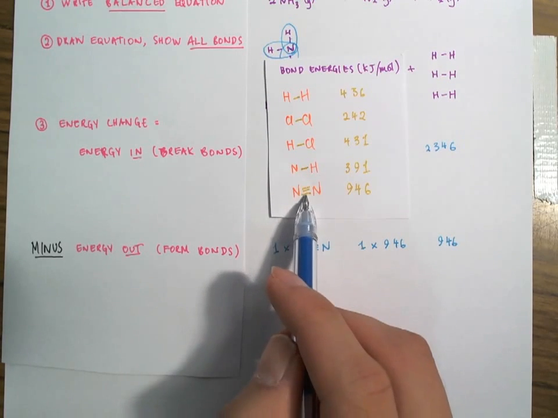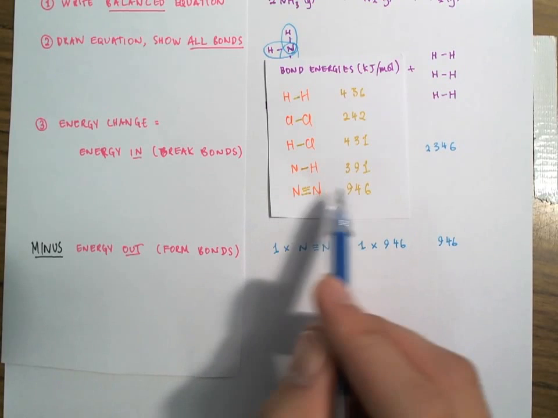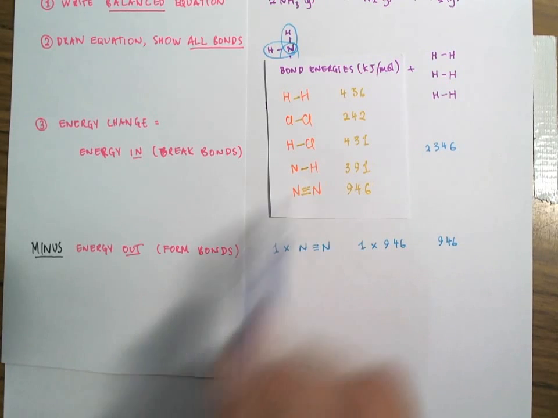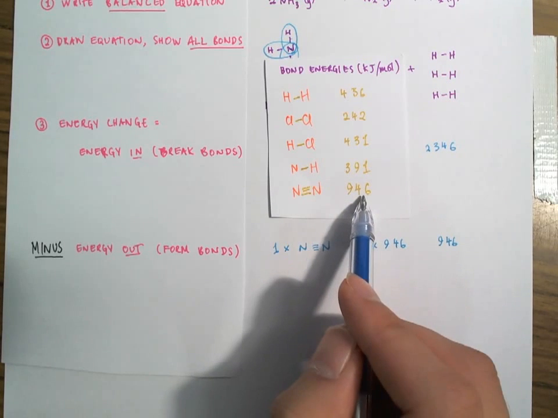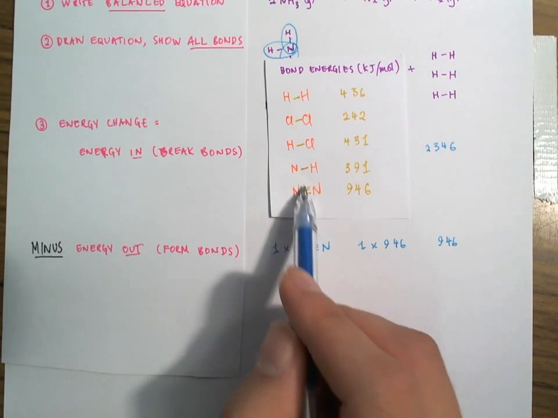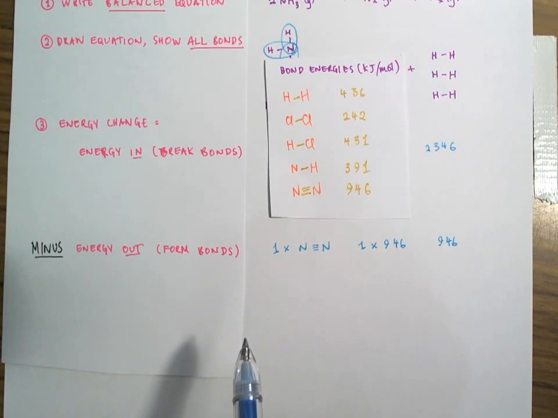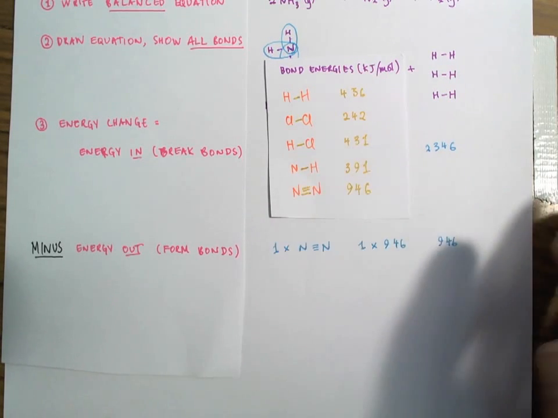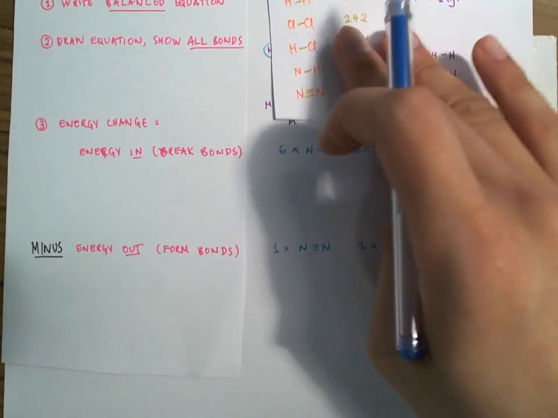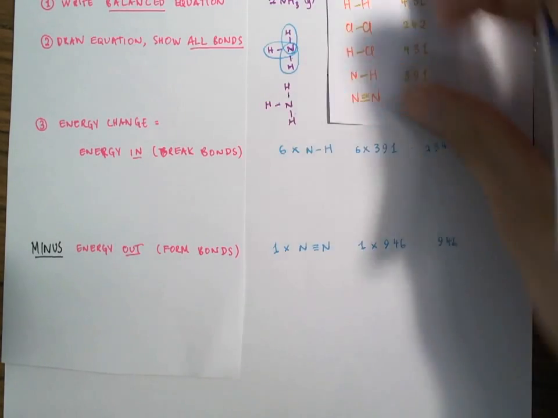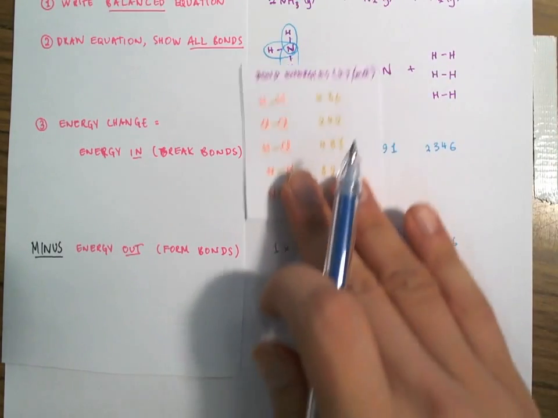Don't do that, because you see 3 bonds here and you think, oh, this 946 is for each of those bonds, but in fact this 946 is to break all 3 bonds in the nitrogen-nitrogen triple bond. So be careful not to trip up there. Right, it's just going to be 946 for all of them.